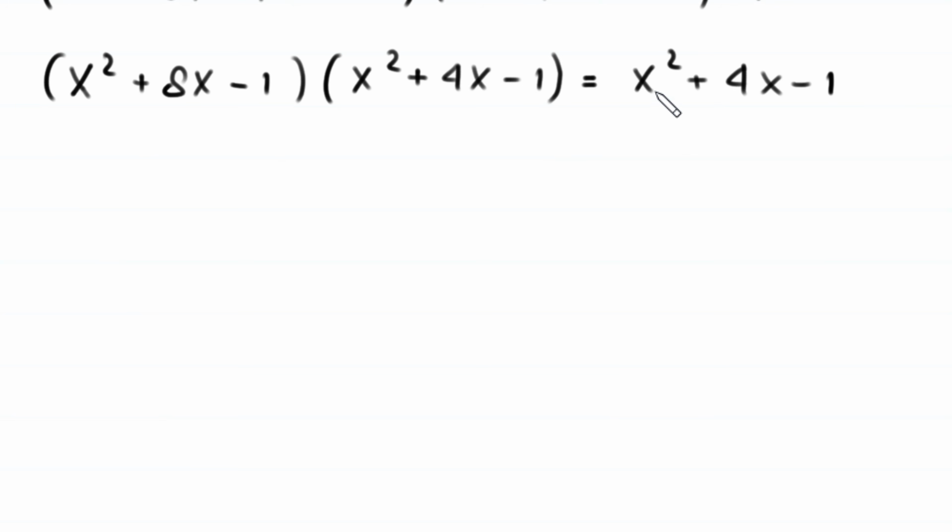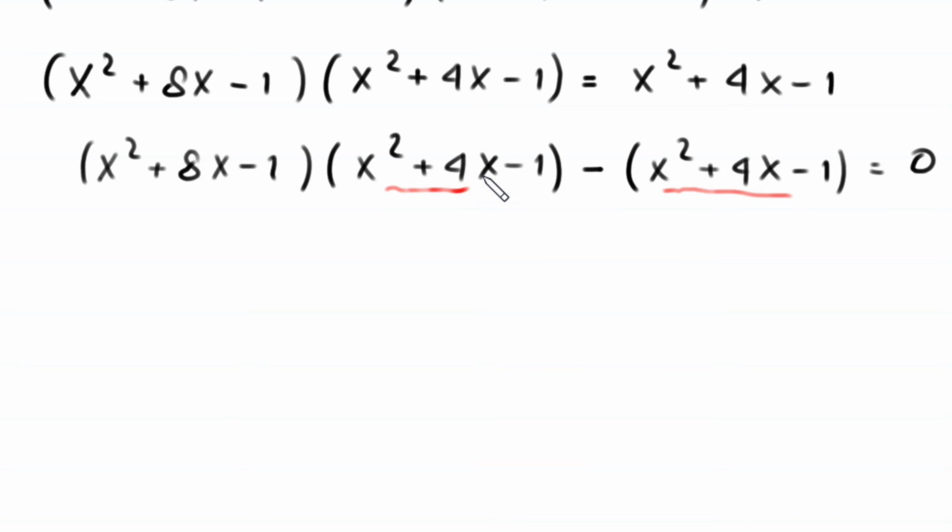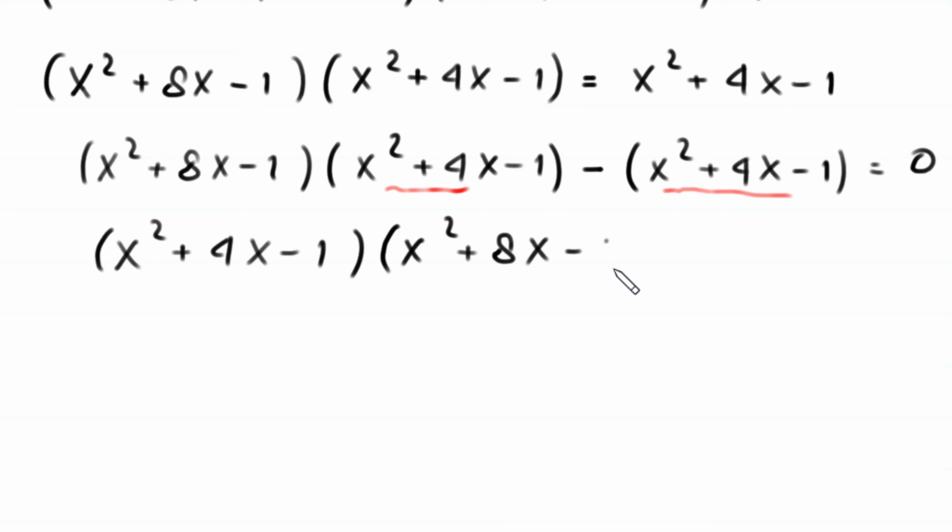Now we move this whole expression to the left hand side. Then this will become (x squared plus 8x minus 1) times (x squared plus 4x minus 1) minus (x squared plus 4x minus 1) equals 0, and this x squared plus 4x minus 1 is a common factor, so we factor it out, and in the bracket is left x squared plus 8x minus 1 minus 1 equals 0.